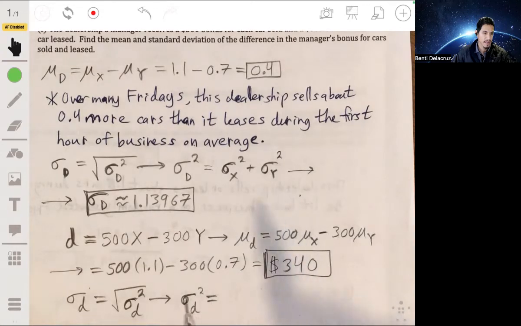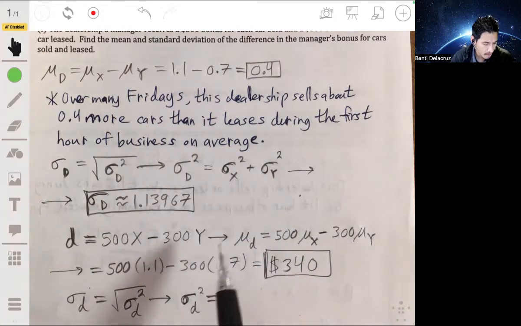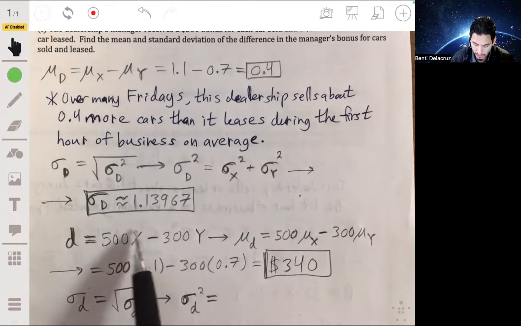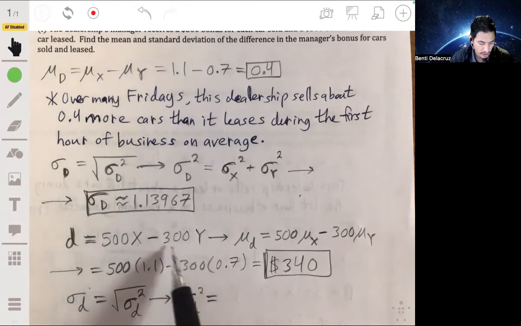And again, this is going to be a little counterintuitive, but the variance of D is just going to be the sum of the variances of 500X and 300Y.